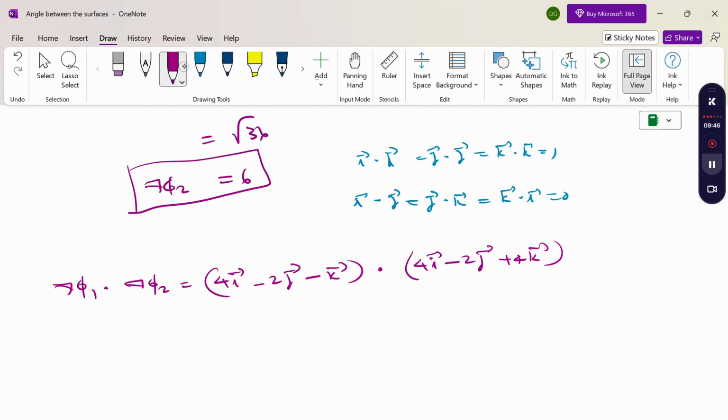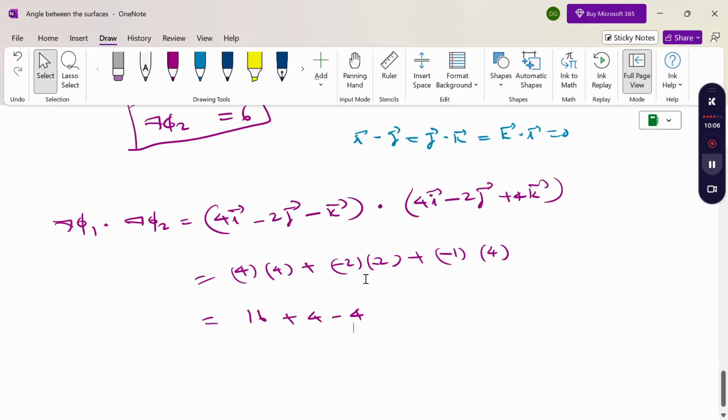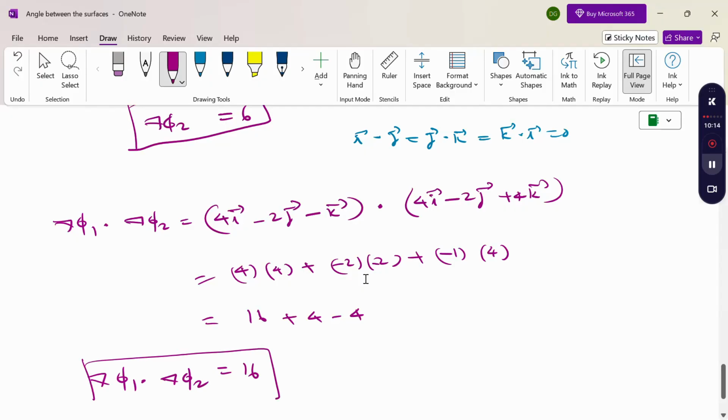Therefore 4 into 4 is 16, plus minus 2 into minus 2 is 4, plus minus 1 into 4 is minus 4, so this is 16. Del phi 1 dot del phi 2 value is 16.